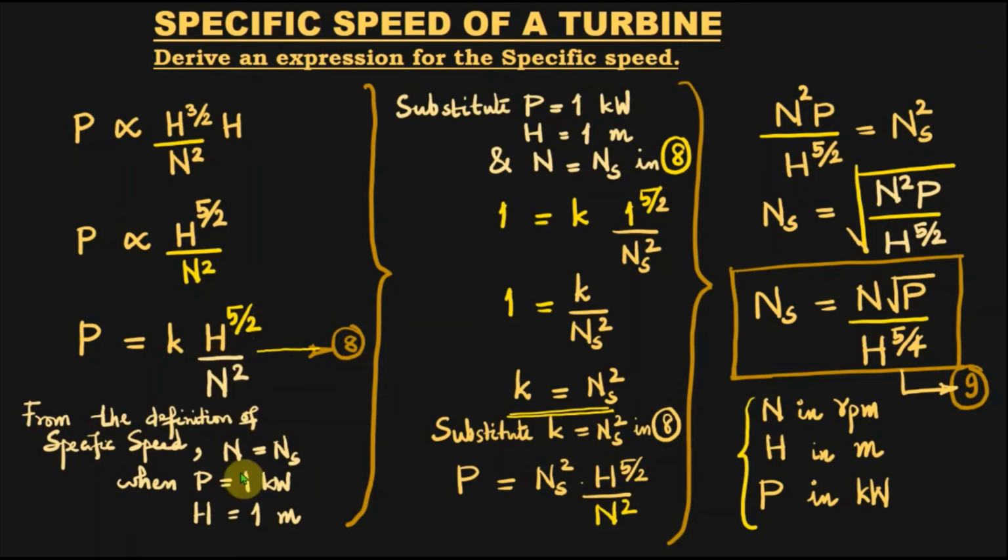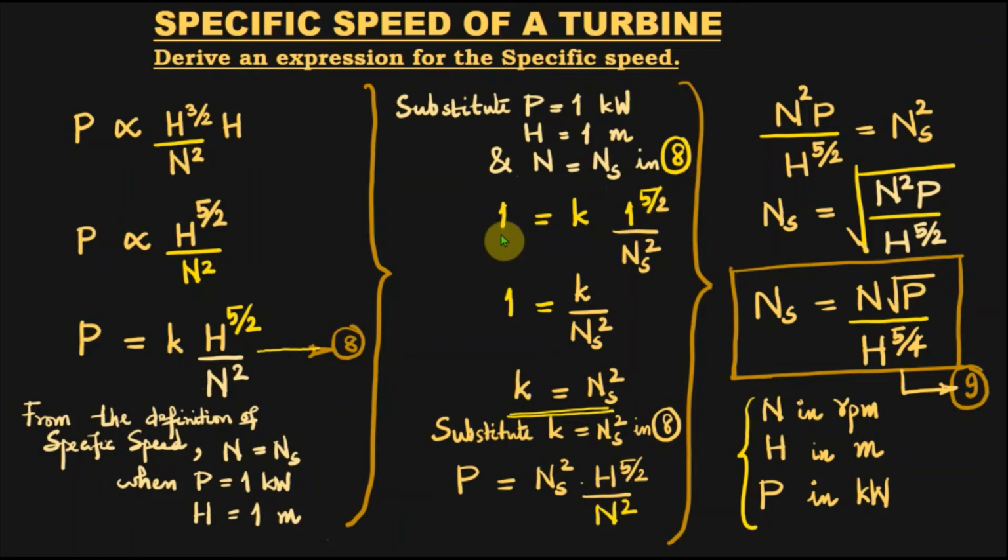So substitute those values. P is equal to 1 kilowatt, h is equal to 1 meter, and n is equal to ns in equation 8. What do you get?